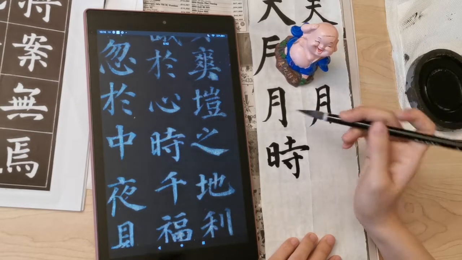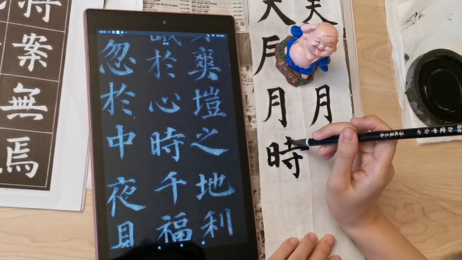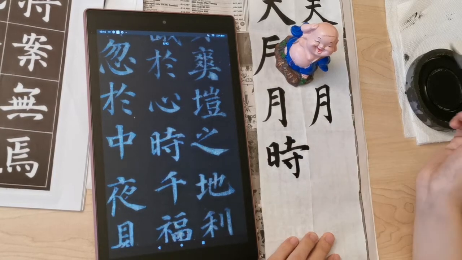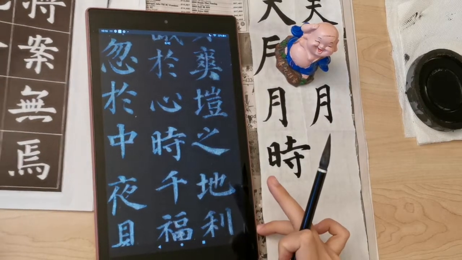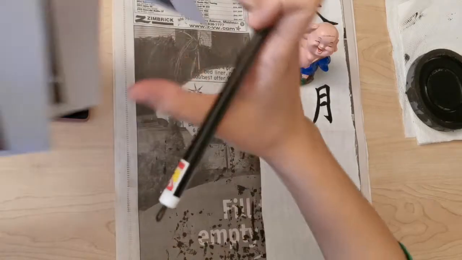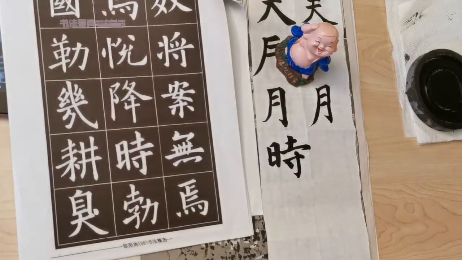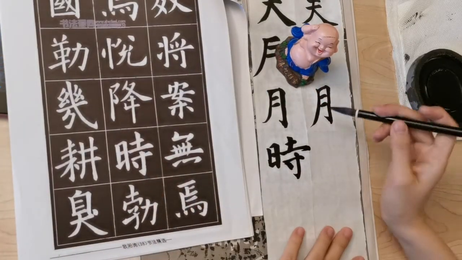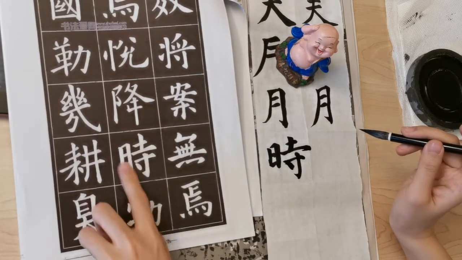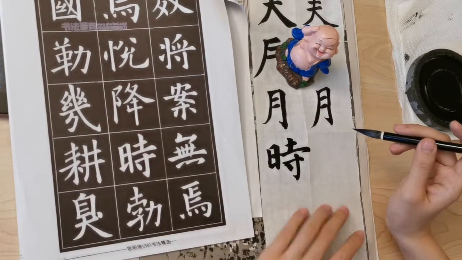I would say here I should have made this even stronger, right? Because you see it's pretty strong. What about this version? This version is slimmer. It's not as square.